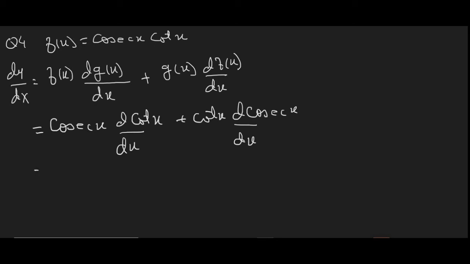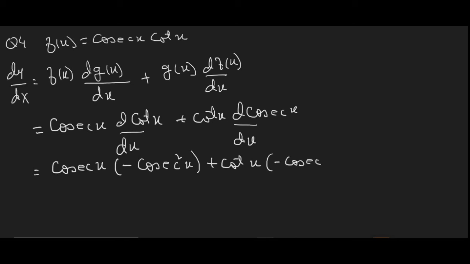Now cosecant x and the derivative of cot x will be minus cosecant square x, plus cotangent x as it is, and derivative of cosecant x, which is minus cosecant x cotangent x, which is cot x.